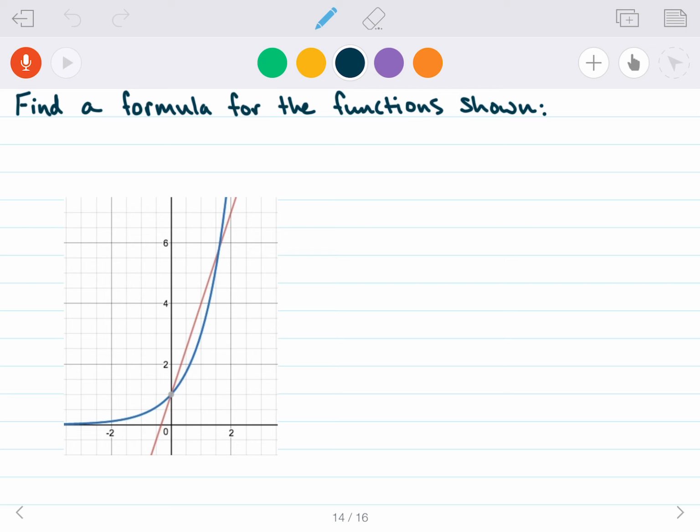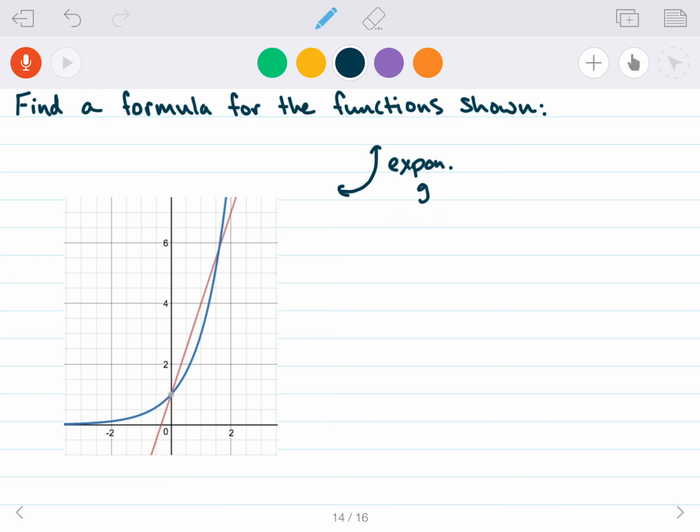All right, let's do one more. So it says find a formula for the function shown. So even though we haven't talked about exponential graphs, just know that, for the sake of this section, our exponential graphs are going to look like this if it's exponential growth.